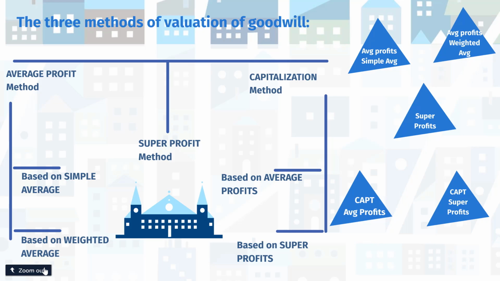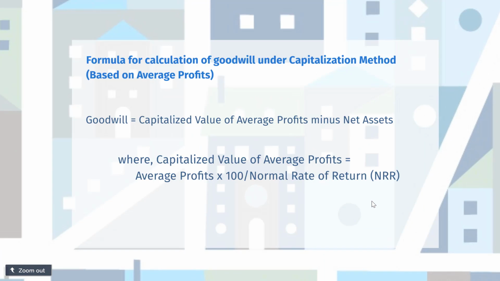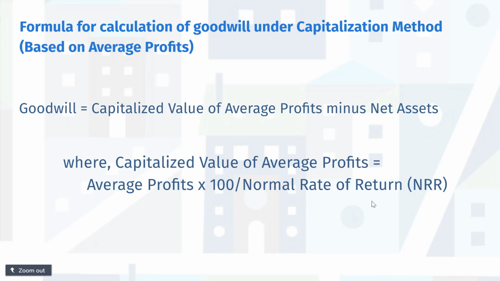Finally, the capitalization method. The first part, which is capitalization of average profits method. Here, goodwill is equal to capitalized value of average profits minus net assets, where capitalized value of average profits is equal to average profits into 100 divided by normal rate of return.